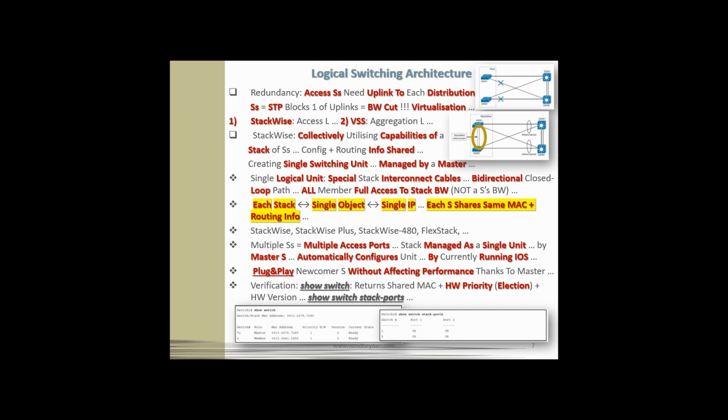And with Flex Stack, we're going to have up to 4 stacked switches. We will see later we have Cisco Catalyst 4500 and 6500 series. They also support something similar to Stackwise called VSS, but we see that later. They are all different variations of the same concept.